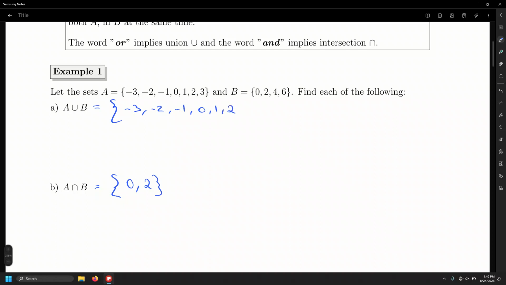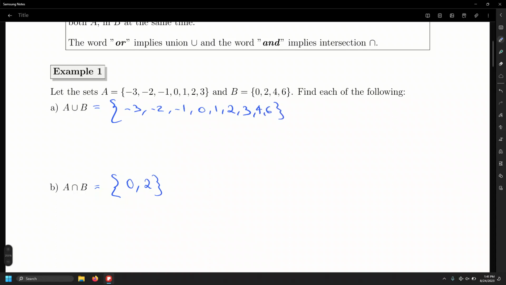However, 2 appears in both sets, but we need to write it only once. That's the same thing I did with the 0. I just wrote it once, even though it appears in both sets. And what's next? 4 and 6. All right.